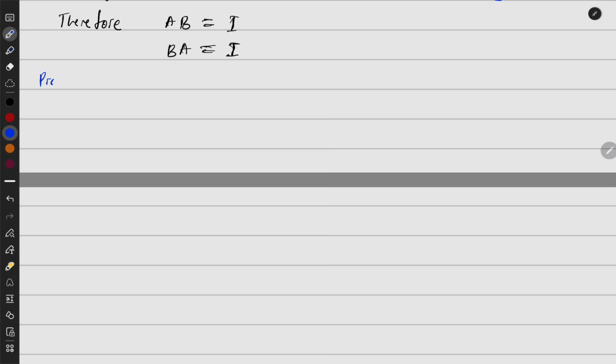We can also prove that if A is invertible, then AX equals B has a unique solution.